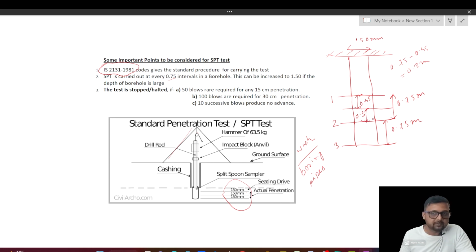After reaching this 0.75 meter, you will again take out all these wash boring pipes, and you will again install this split spoon sampler, this drilling pipe, this hammer, anvil, right?